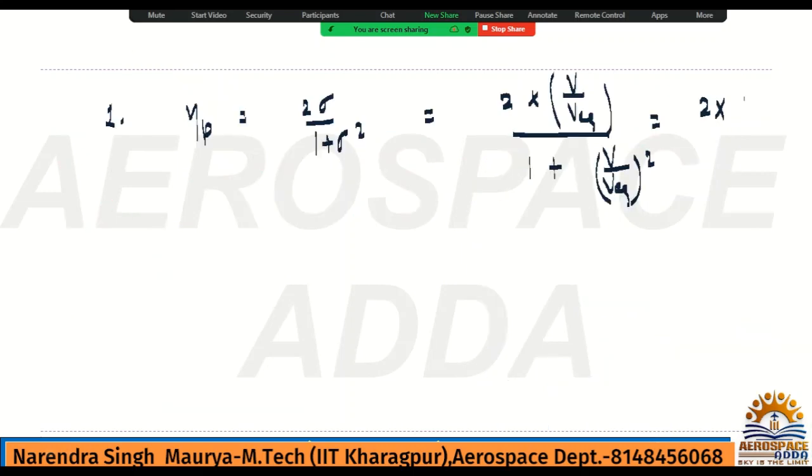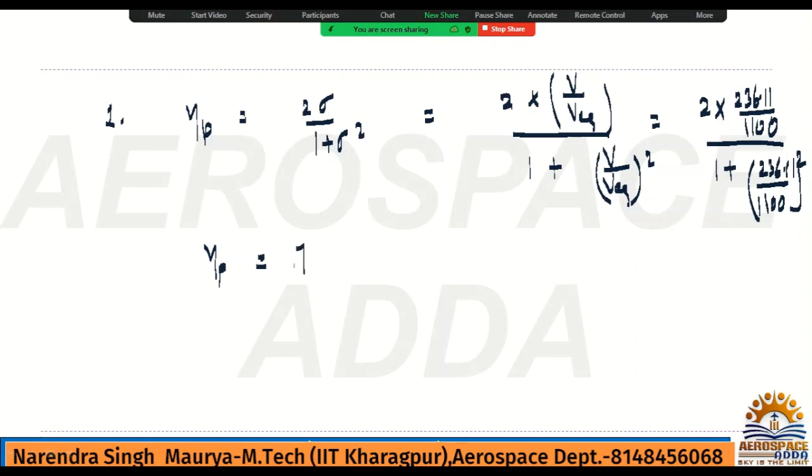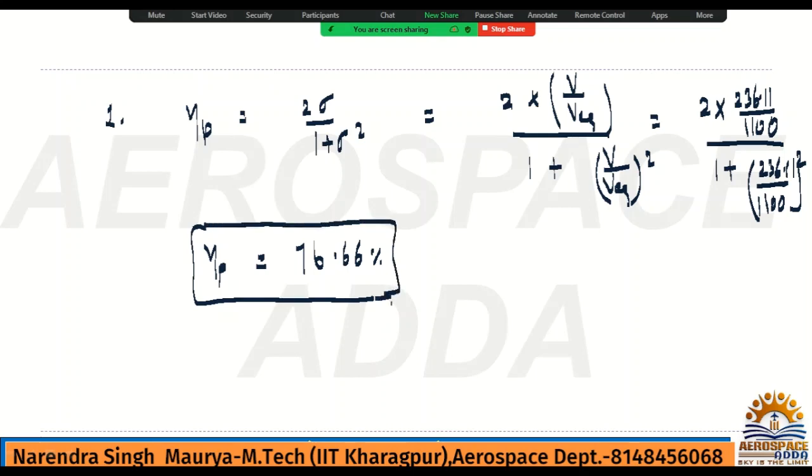V is nothing but 236 divided by 1100, over 1 plus 236 divided by 1100. Find it. It comes to 76.66%, because by default propulsion efficiency is in percentage, so I am writing it like that. This is the first one.